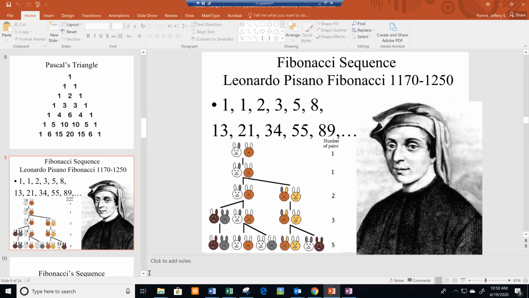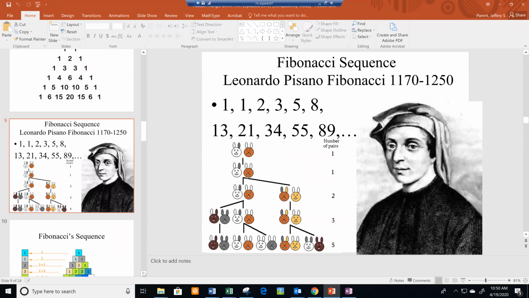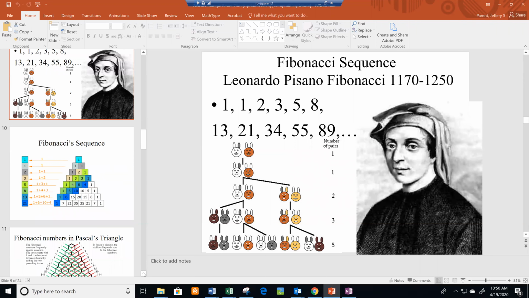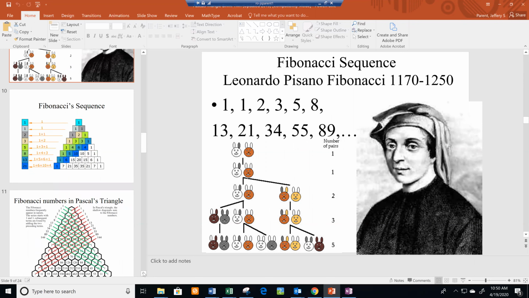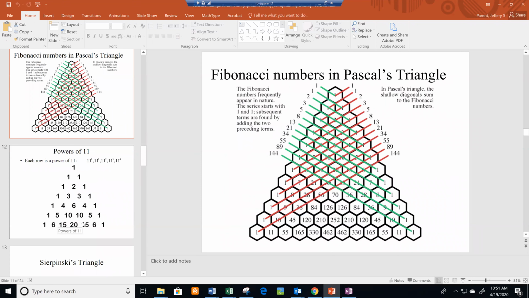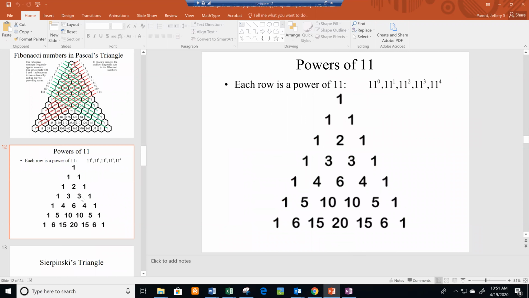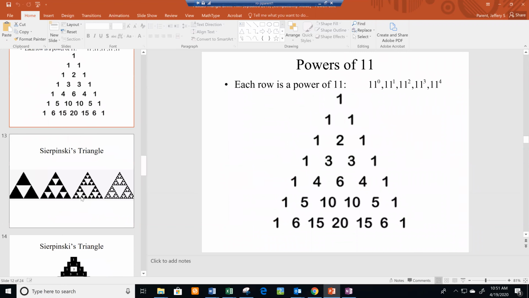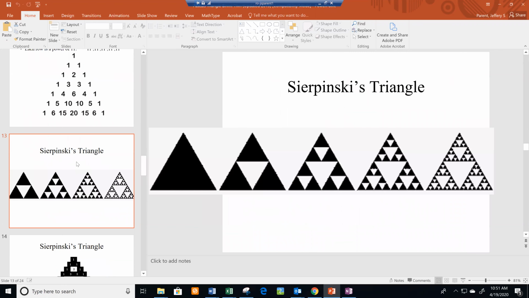Well, the Fibonacci numbers are all over the place. Fibonacci numbers can be seen in Pascal's triangle a couple different ways. You can see them this way or this way. And then so much more. Powers of 11 are in Pascal's triangle. If you color the even ones white and the odd ones black, then you get this kind of neat thing called Sierpinski's triangle.